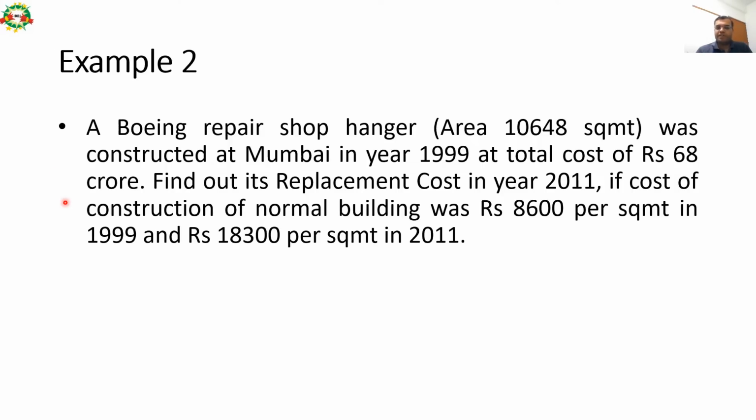Find out its replacement cost in year 2011 if cost of construction of normal building was 8600 rupees per square meter in 1999 and rupees 18,300 per square meter in 2011. So here we have not been given any cost inflation index data. Instead we have been given building rates. So this is another form of numerical which may come based on this cost index method.